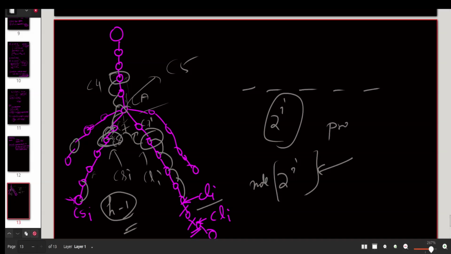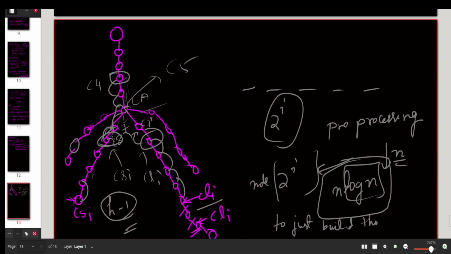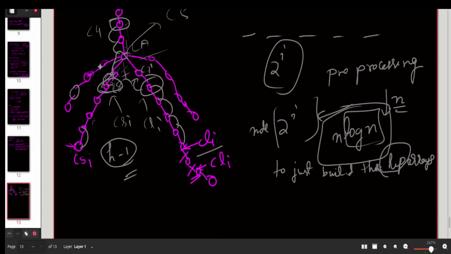So as part of pre-processing, we calculate this for every node. If the height of the tree is n in the worst case, it's log n iterations per node, which is n log n, to just build those up arrays per node. So that is the intuition.